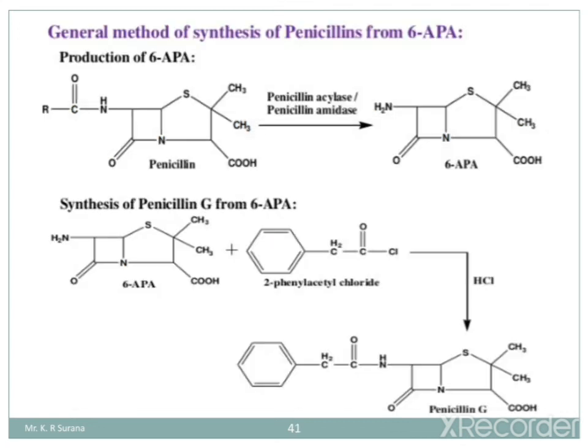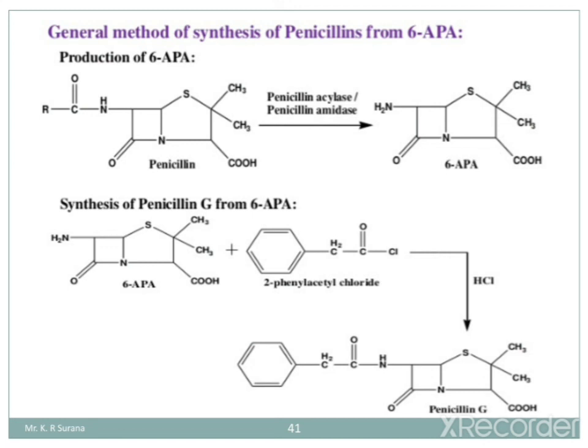Now here is the general method for synthesis of penicillin. As we already know, penicillin in the presence of penicillin acylase or penicillin amidase will give 6-aminopenicillanic acid, 6-APA.